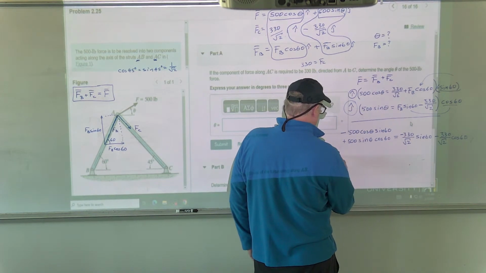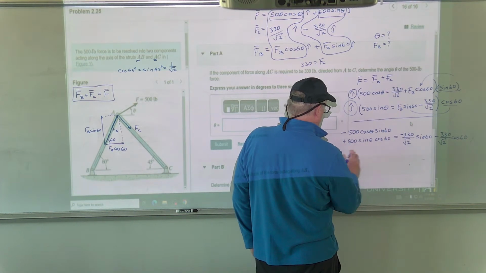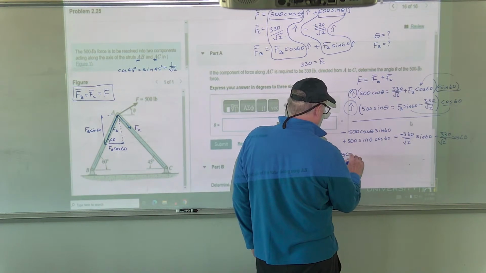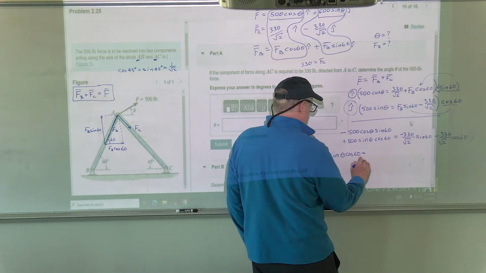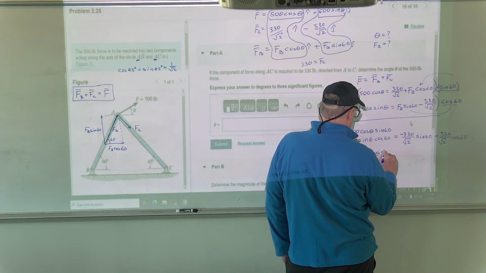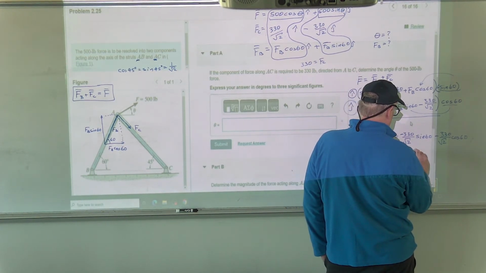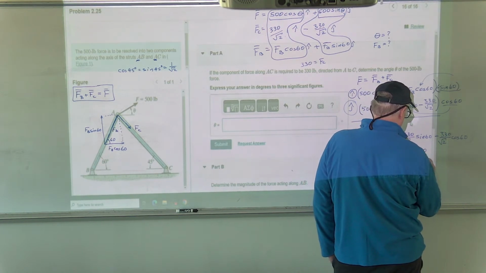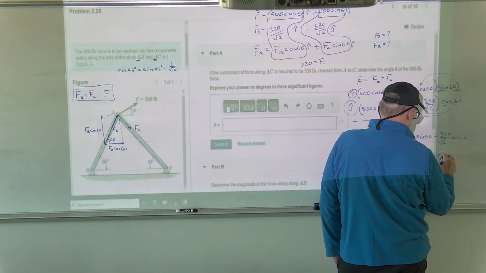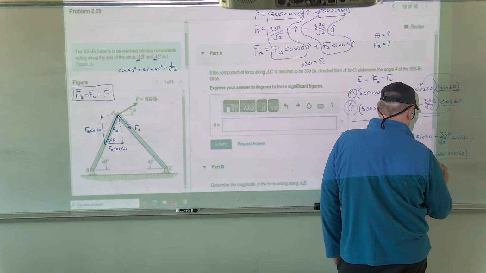I take the 500 and I guess I can move it to the other side and I'll say sine theta cosine of 60 minus cosine of theta sine of 60 equals all this minus 330 over square root of 2, but now I have the sine plus the cosine, and divide that by 500.